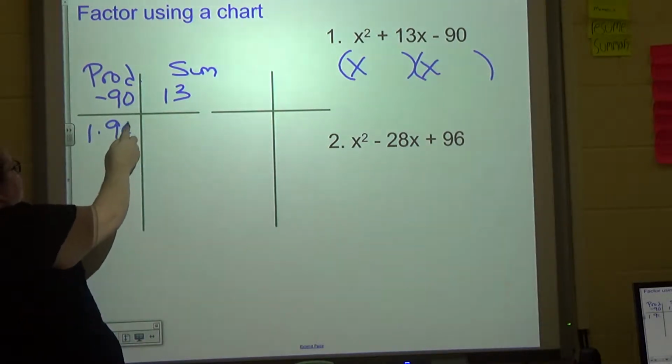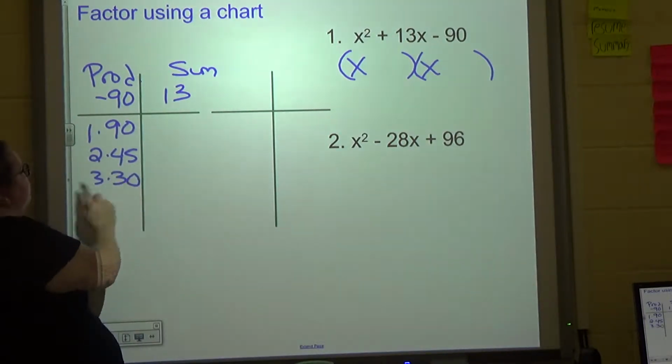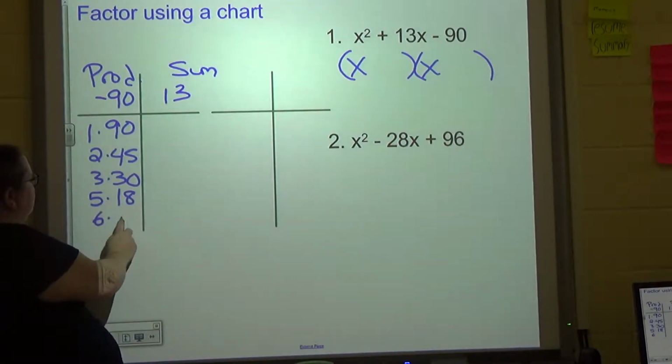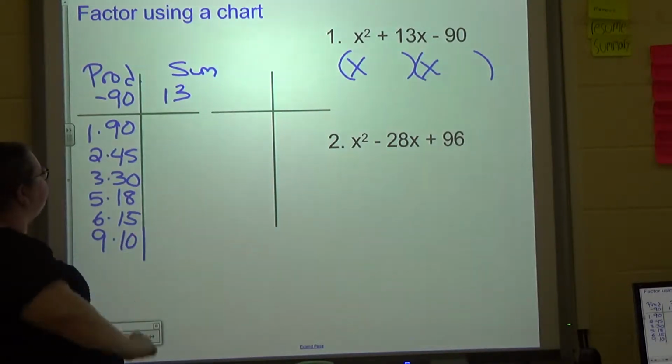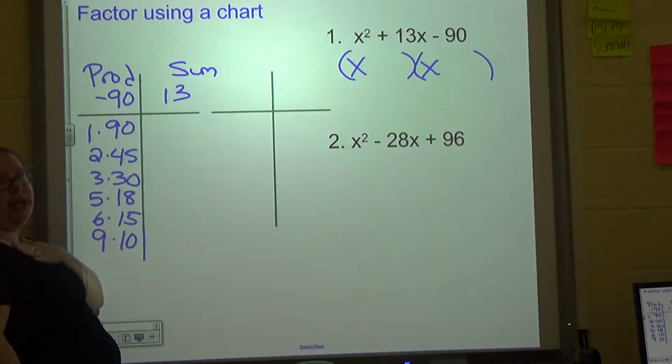1 times 90, 2 times 45, 3 times 30, 4 doesn't go in, 5 times 18, oh, there it is, 6 times 15, 7 doesn't work, 8 doesn't work, and 9 times 10. Alright, so since we're multiplying to negative, we need one of our numbers to be negative.